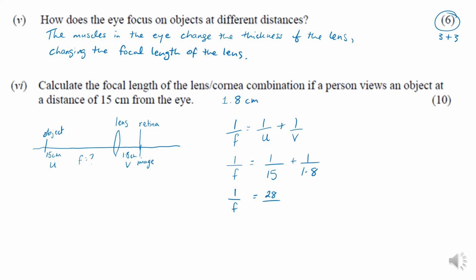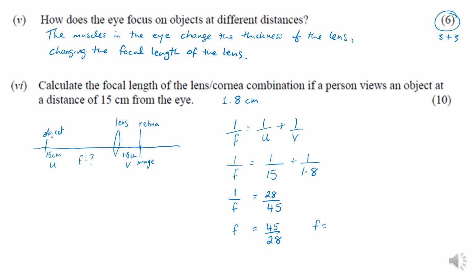28 over 45. Okay, you're free also to do the divisions, 1 divided by 15, and convert to decimals before you add them, your choice. Now, inverting both of these fractions will give me F over 1, which is just F, equals 45 over 28.